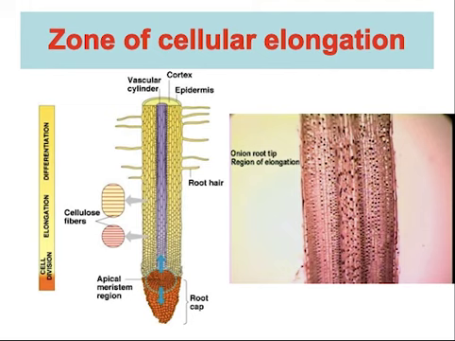Cells behind the elongation zone do not elongate. They are in the maturation zone. So this is the maturation zone.